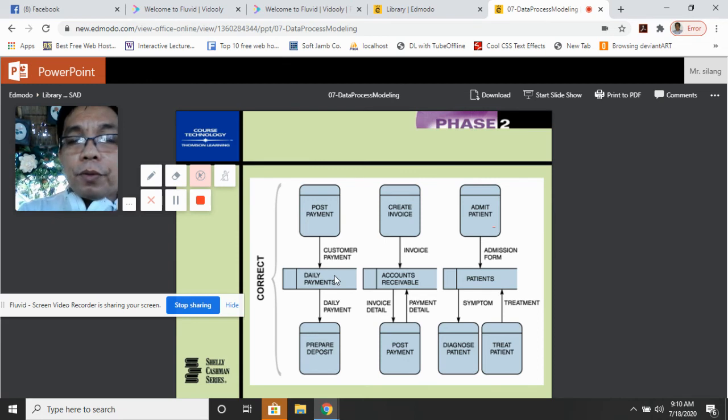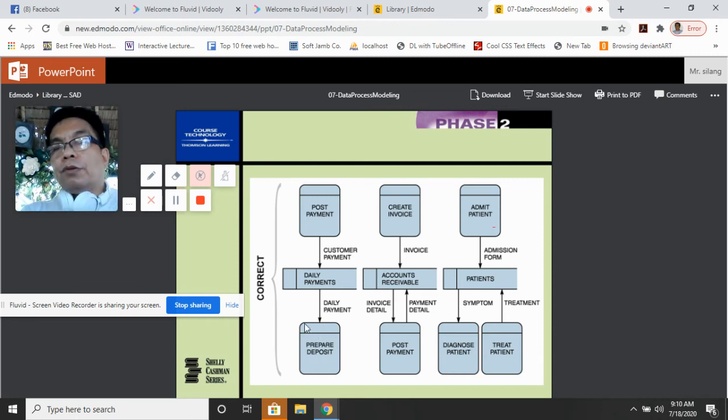Then maybe later in the afternoon or at the end of the day, the daily payments will be read, and then we can prepare the deposit. That will be another process. So we store the data, then we read the data later on.